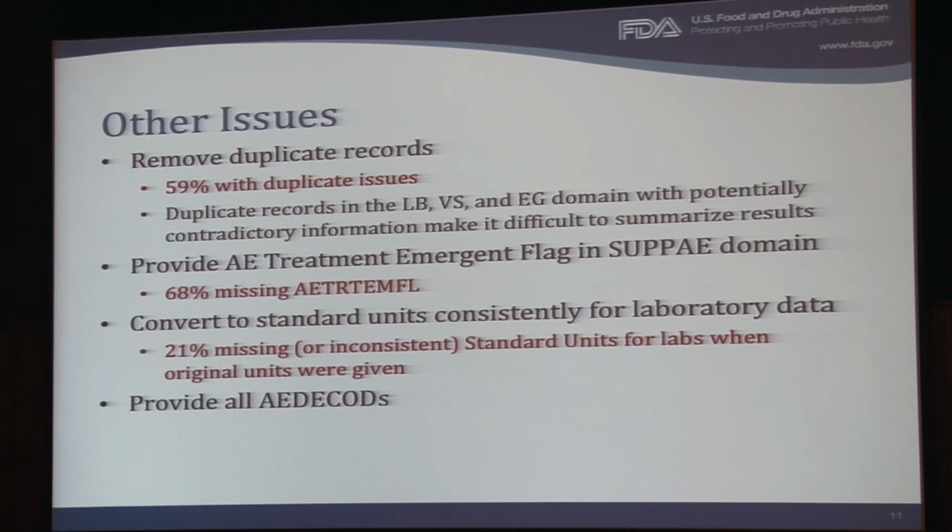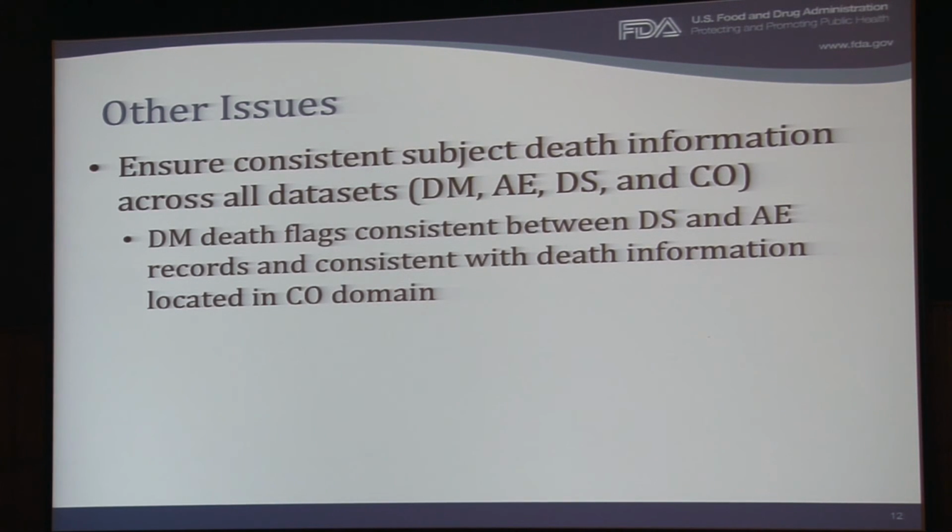So we would like all AE codes provided in order to perform an adequate and accurate AE analysis. And 13% of the applications were missing at least one AE code or AE preferred term. So other issues.